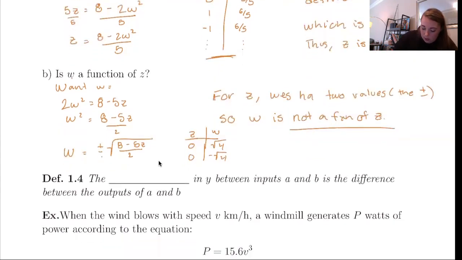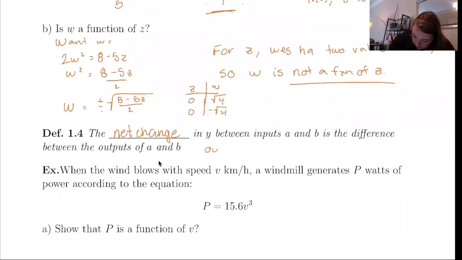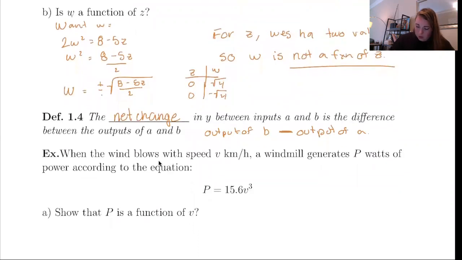So we're going to call the net change in Y between inputs A and B the difference between the outputs at A and B. So it's going to be the output of the latter, B, minus the output of A. And we don't have any good notation for output of B and output of A right now, but we will in a little bit. Okay? So let's do an example.